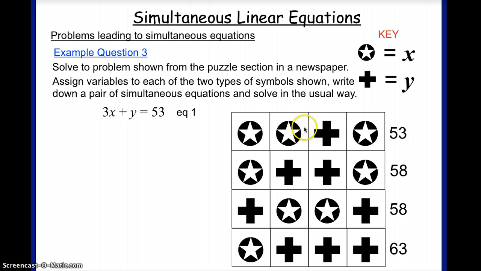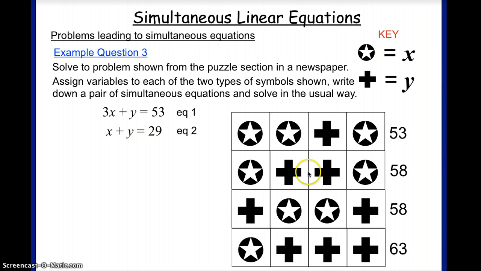Remember, this is consistent with this column, which is also 53. Now, I need one more equation, and I'm going to use the second row. If I represent this by writing an equation, we will have x plus y equals 29.